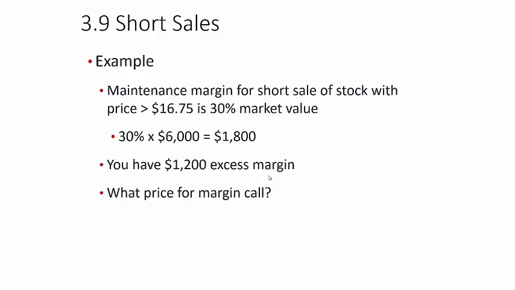So we need 30% of the market value. Okay, 30% of the market value. So your requirement, remember you put up 50%, that's 3,000. The MMR, or the minimum margin requirement, is 1,800. So you have an excess of 1,200. An excess of 1,200 in your account.